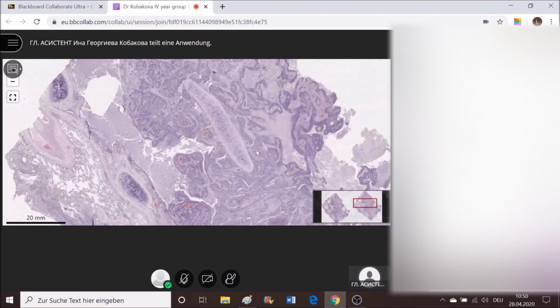Can you somehow send us all the slides? You don't have access to these slides from the Blackboard? I think you do, because they're on the additional materials, which are actually there.